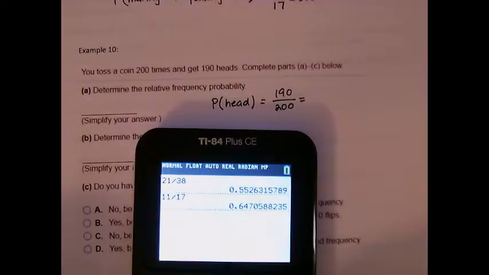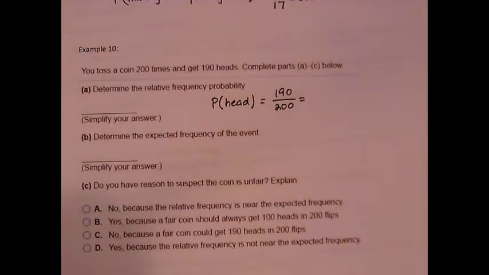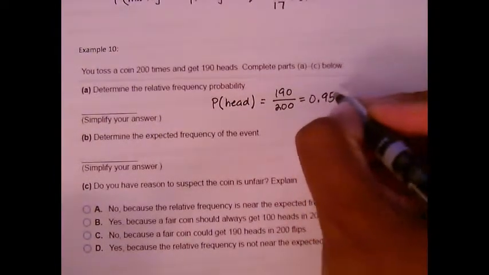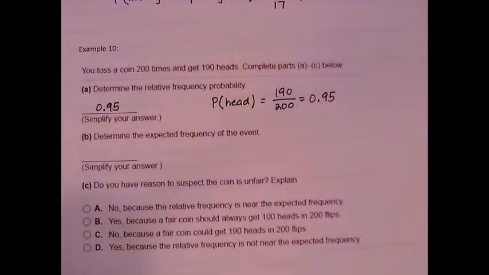And in this case here, if I do 190 divided by 200, that will be 0.95. And here I think they want this as a decimal, so I'm going to say 0.95. That's the relative frequency probability of getting a head.